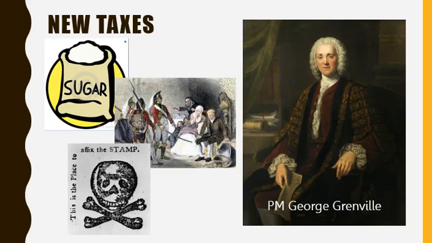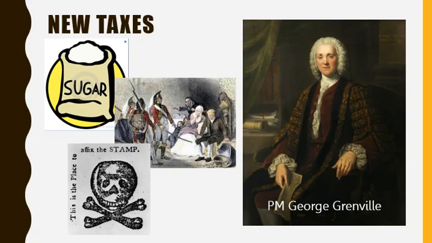So Grenville's logic is the war that got us into all this debt was fought for the colonists. So the crown, the British government, thinks it's only fair that they help pay for the war, right? That they help to alleviate the burden of this massive debt.